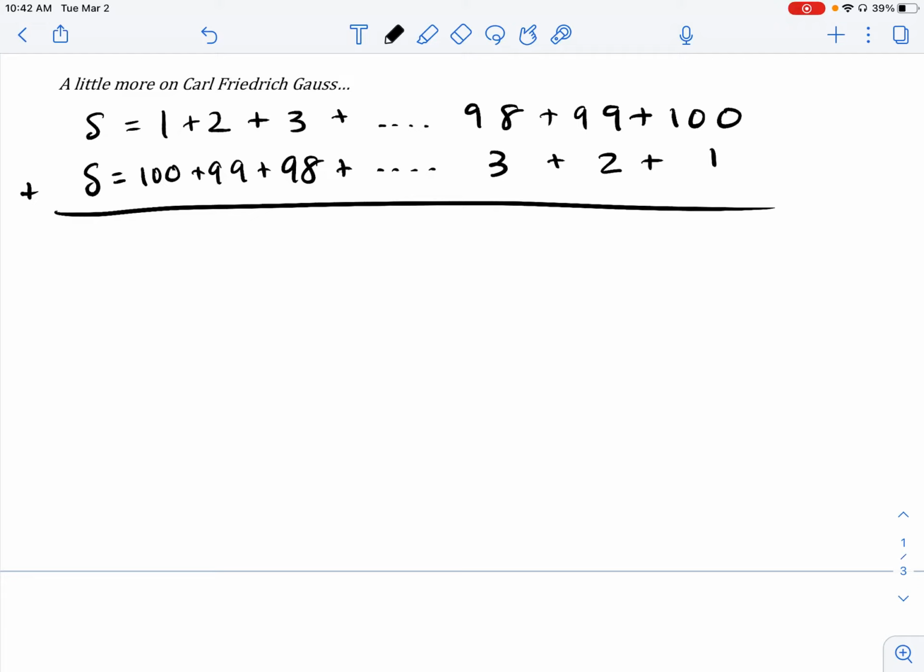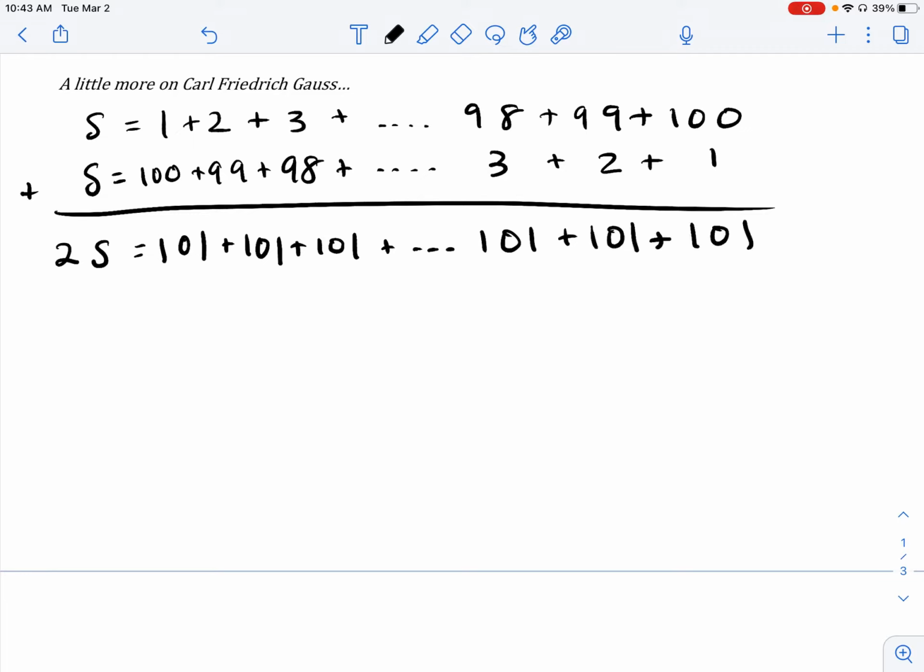Well, on the left side, I get 2 times whatever my actual sum is of my series. And over here, every single time when I add 1 plus 100, I get 101. 2 plus 99, that's also 101. 3 plus 98 is 101, and so on. So I'm adding a bunch of 101s. Well, how many of these 101s am I adding? Well, that's easy.